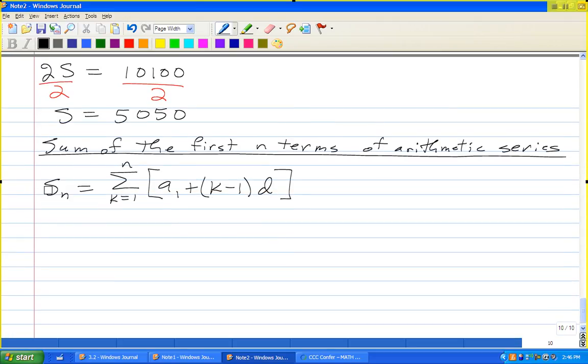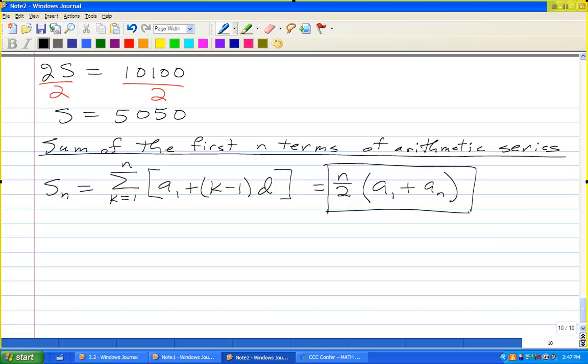And so you add the first term and the last term. You multiply by how many terms there are, and then divide by 2. That is the formula to find the sum of an arithmetic series.